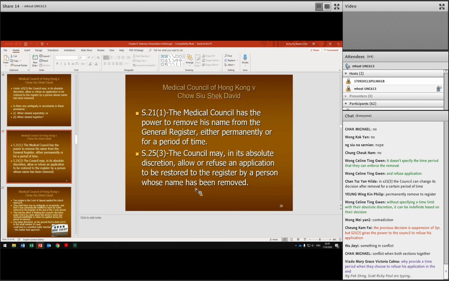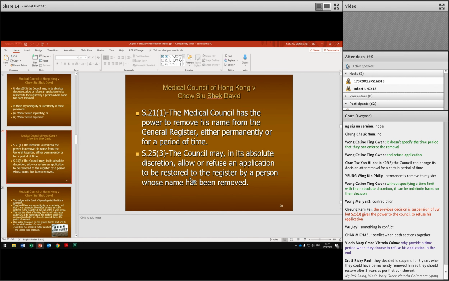Why? Because the council can always refuse an application to be restored. It means the prison can always refuse the prisoner to leave.